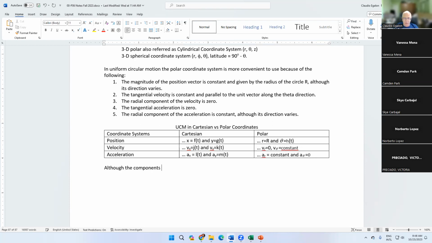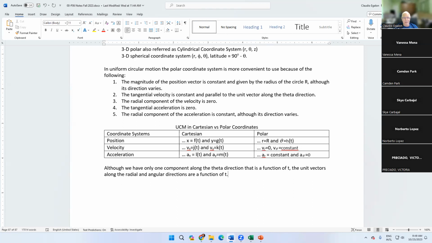Although we have only one component along the theta direction that is a function of t, the unit vectors along the radial and angular directions are functions of t.